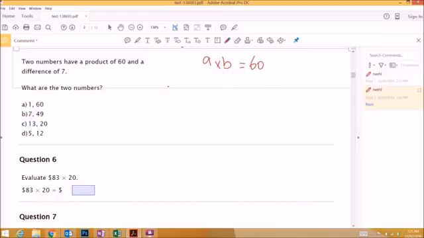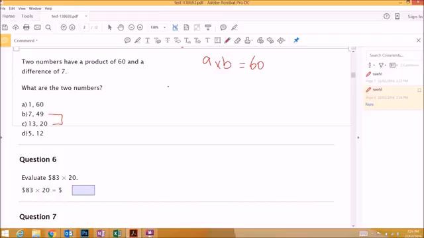7 times 49. Two numbers have a product of 60 and a difference of 7. 13 and 20, 5 and 12. So obviously these two numbers straight away, we can tell they don't have a product of 60. 7 times 49 is not 60. 13 times 20 is not 60.